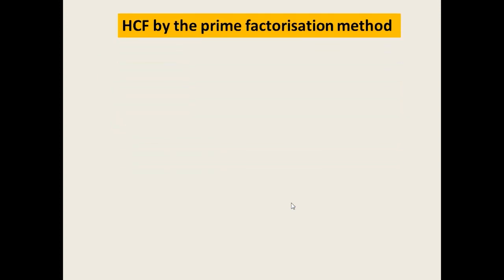Now let's see the next method, that is HCF by the prime factorization method. Let's solve an example. Find the HCF of 60, 90 and 110. To find the highest common factor, first of all we find out the prime factors of each number.